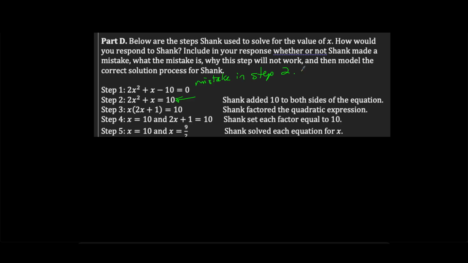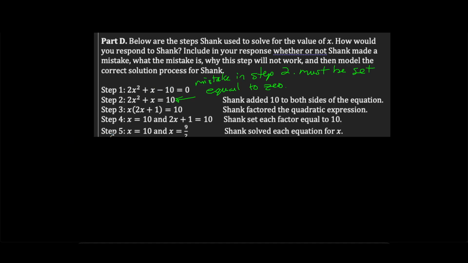We want to say it must be set equal to 0. To be able to solve for x using that intercept form, we have to set it equal to 0. Otherwise, it won't work.